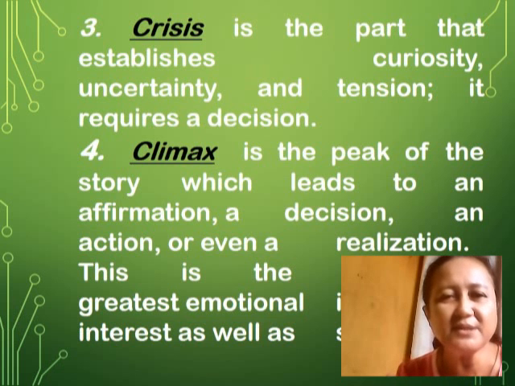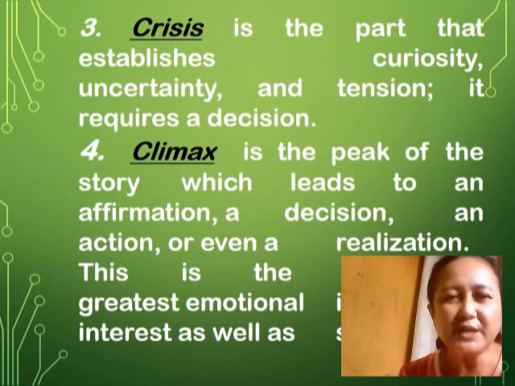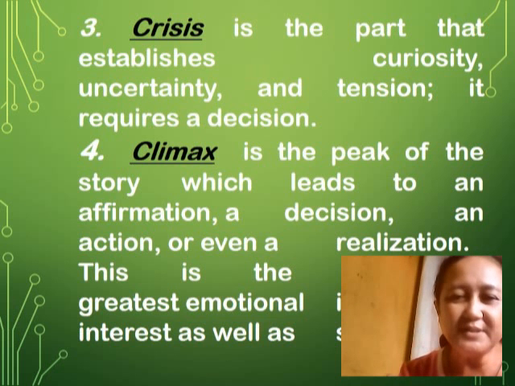And then the climax of the story, the peak of the story, which leads to an affirmation. The decision is already given, an action, and then a realization. This is the greatest emotional investment that interests the readers.